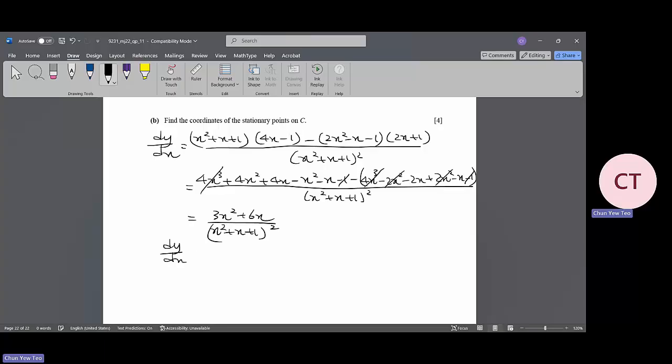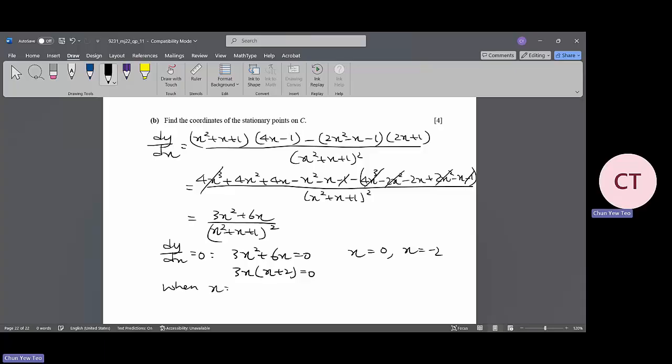To find the stationary point, dy/dx equals 0, which means 3x squared plus 6x is equal to 0. Factorize it. Your x is equal to 0 and x is equal to -2.